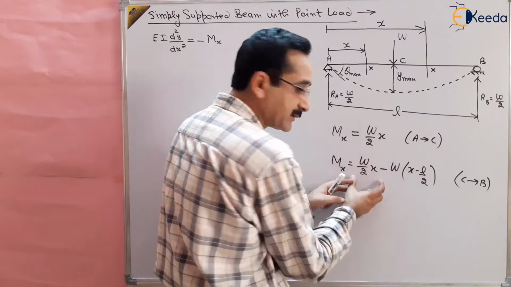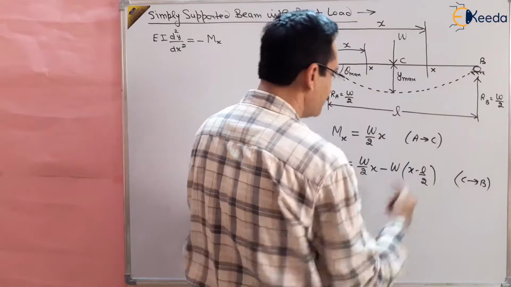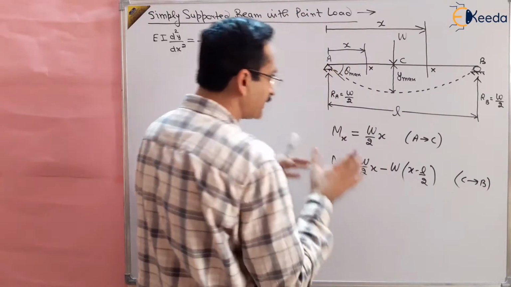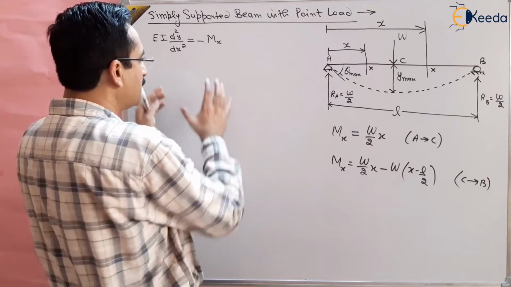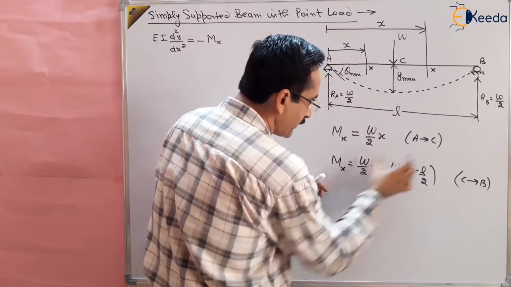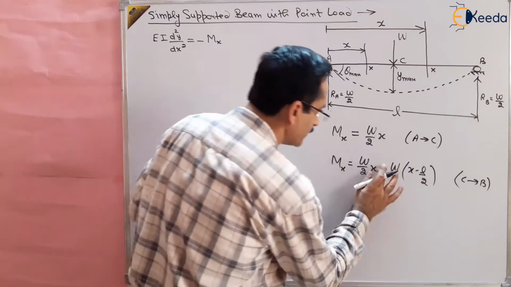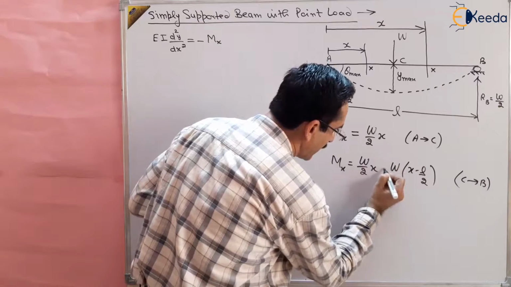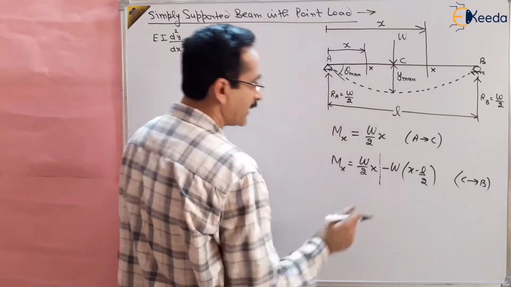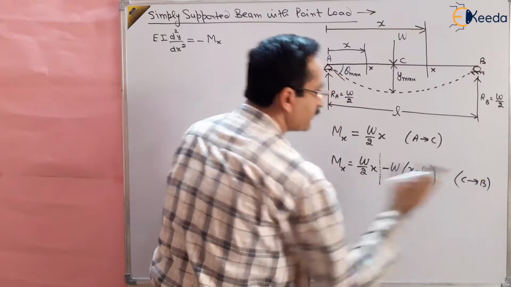That W by 2 x part is valid for A to C and the total is valid for C to B. So what I am going to do is divide this into two parts. I am writing a dotted line here, so that this part is valid for A to C and the total part is valid for C to B.